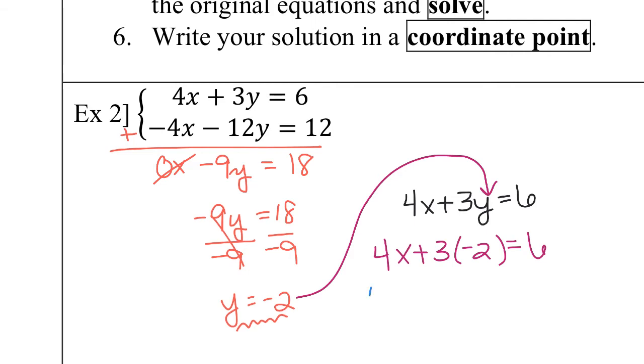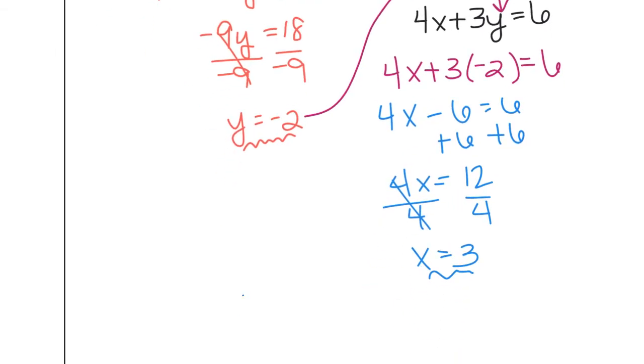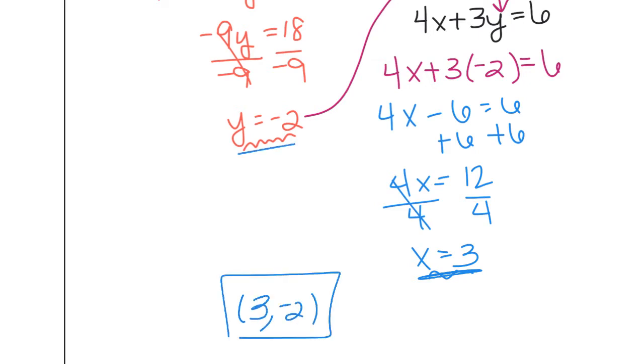And then solve this down for x. 4x minus 6 equals 6. Add 6 to both sides. 4x equals 12. And then divide by 4, so x is equal to 3. Write your final solution always as a coordinate point. So it's 3 first because it's the x, comma y of -2.